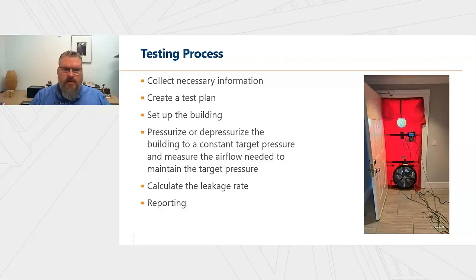We need to know what those are. So we need to know the test standard that we're testing to, because they all have different requirements. And we need to know what the maximum allowable air leakage is, because that, and the square footage of the enclosure, will determine how much equipment it's going to take in order to pressurize and depressurize this building to 75 pascals.